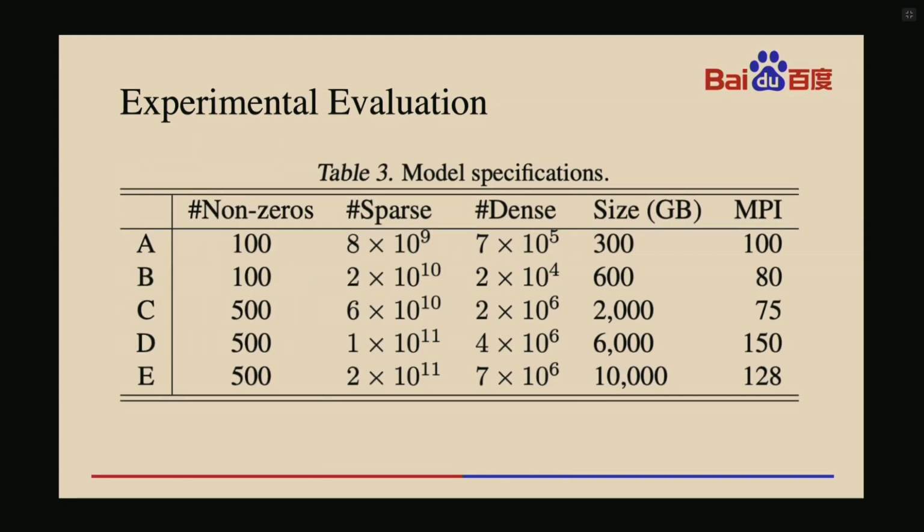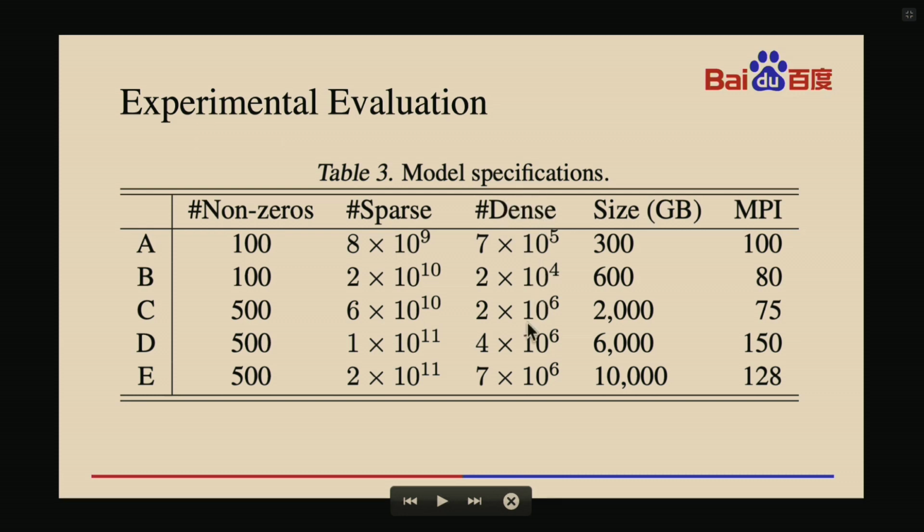We do the test on 5 real CTR models and real data. We call them A, B, C, D, and E. The column of non-zeros means the number of non-zeros per training example. Here, this column, number of sparse, means the number of dimensions for each sparse input.